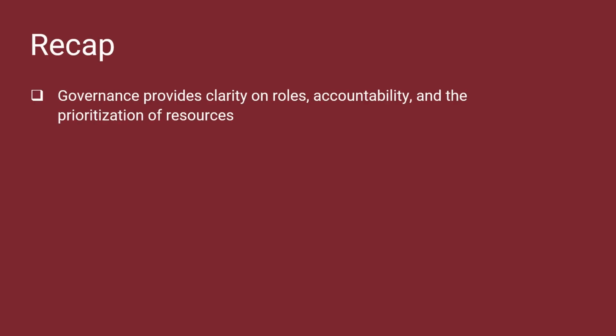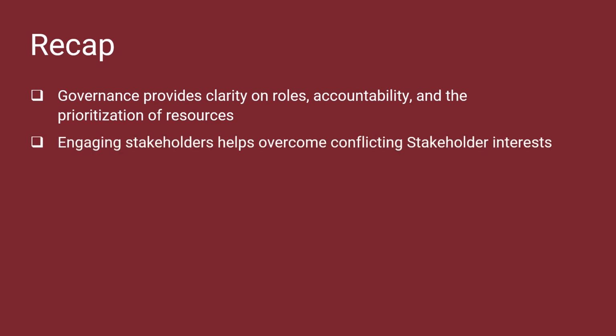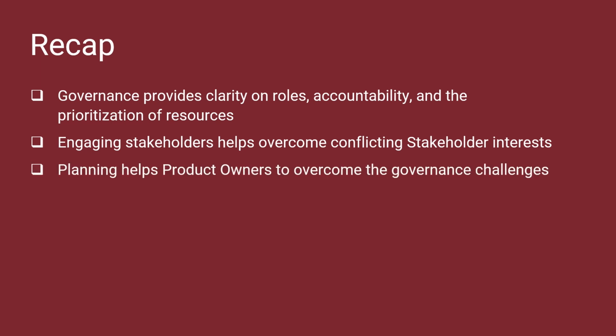In this video, you learned that governance, planning, and budgeting are integral to a product owner's success. Effective governance provides clarity on roles, accountability, and the prioritization of resources, engaging stakeholders to overcome conflicting stakeholder interests. Proactive planning helps product owners to overcome the governance challenges.